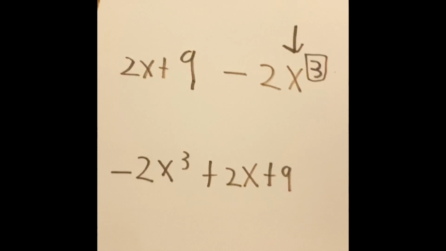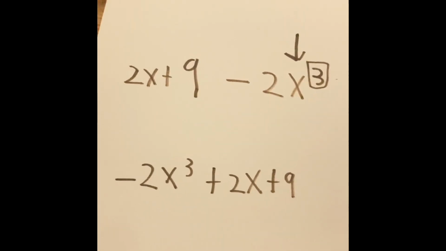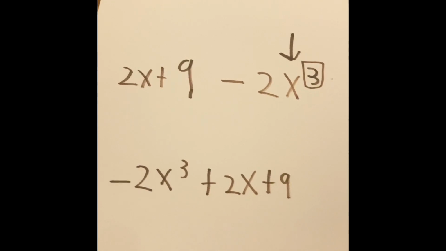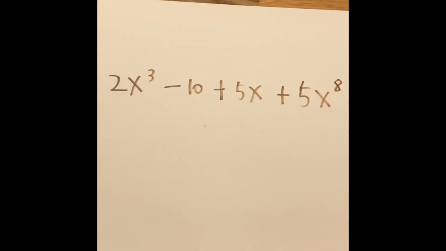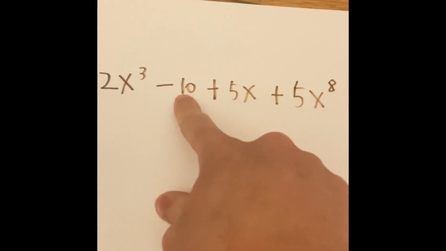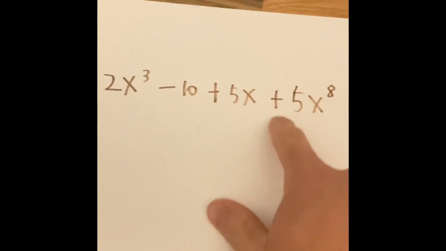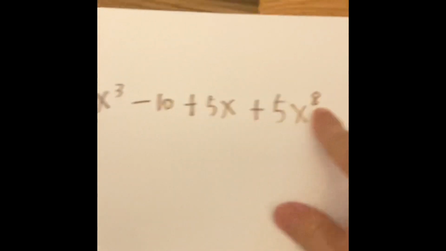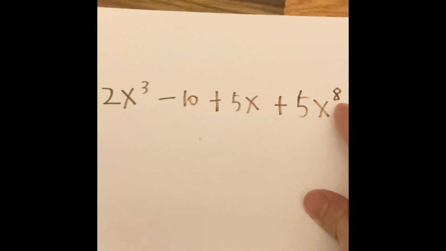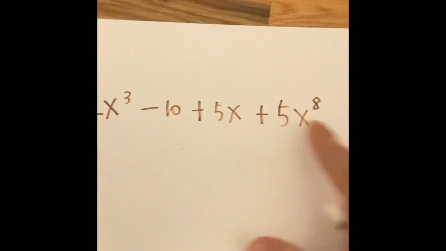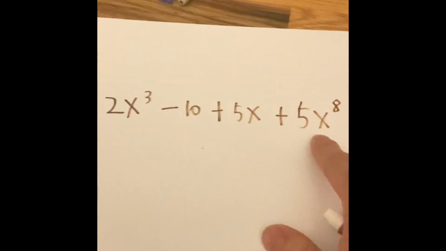There is one more example where you might have more variables. So this is our last example: 2x cubed minus 10 plus 5x plus 5x to the power of 8. The problem with this one is that, since we want exponents first, we have two variables with exponents.